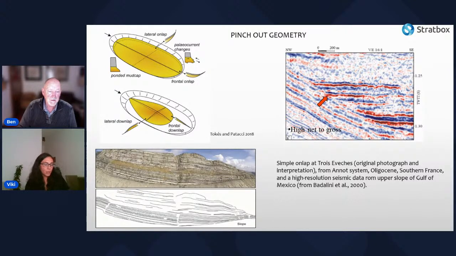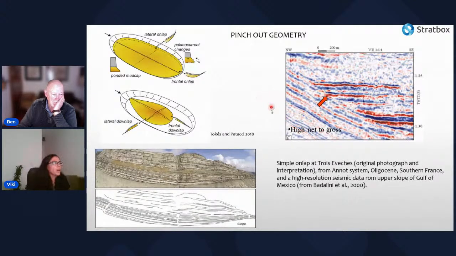Well, Ben already talked about flow confinement and flow efficiency and the importance of flow behavior. Well, the percentage of sand and mud has a very important influence on the nature of on-lap character. So in very sandy systems, especially those involving large flows, pinch out at basin margins tend to be abrupt, as shown in these examples.